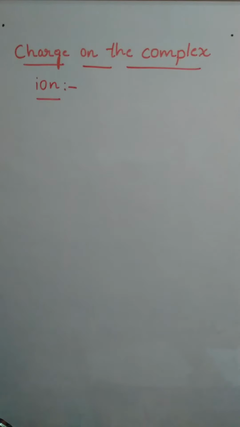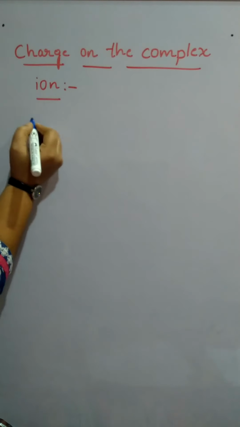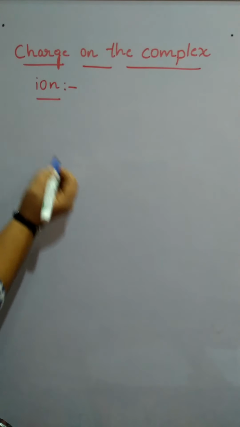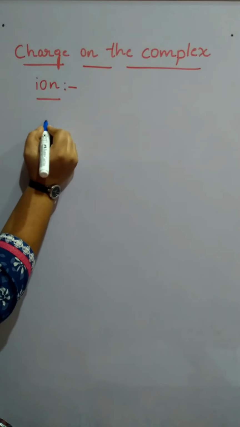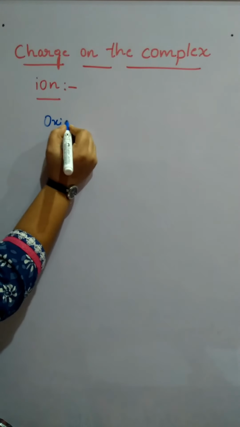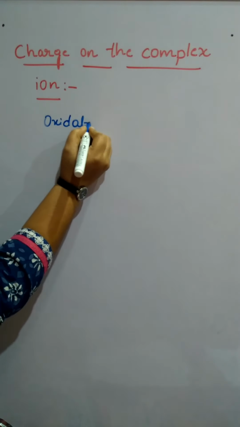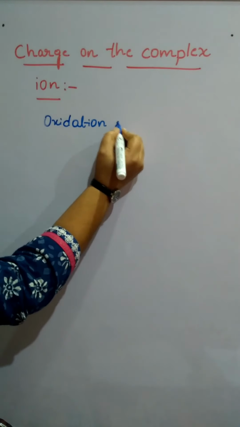We'll move on to the next topic, that is charge on the complex ion. So charge on the complex ion is defined, or calculated, by using the oxidation state.